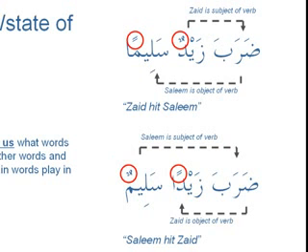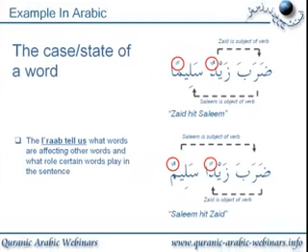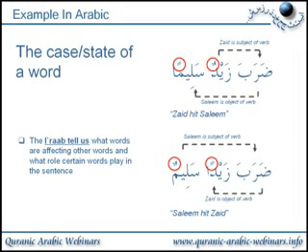And in the second one, Zaydan with the fathatain is indicating that Zaid is the object and Salimun is the subject. So Salim is the one doing the action. So this is what we mean by i'rab. I'rab is either the signs, i.e. the vowel signs, or extra letters that are used to indicate what's going on, i.e. what is the case of the noun.